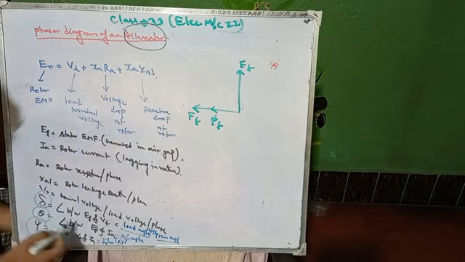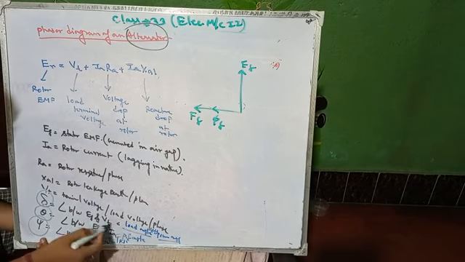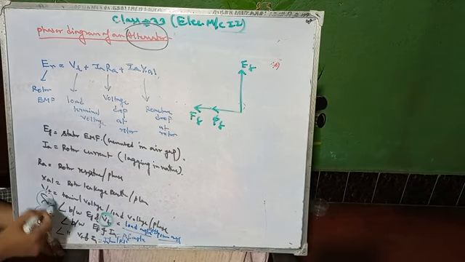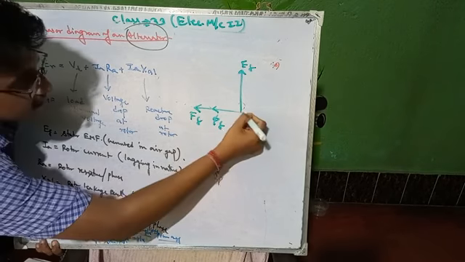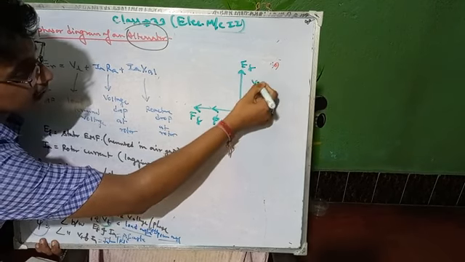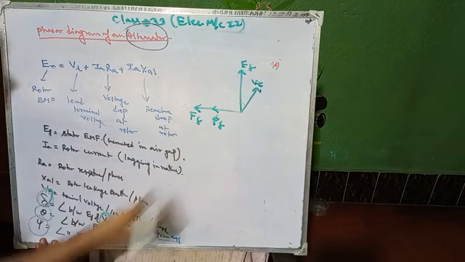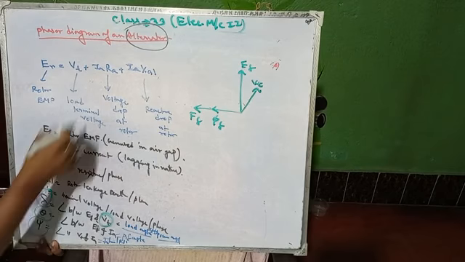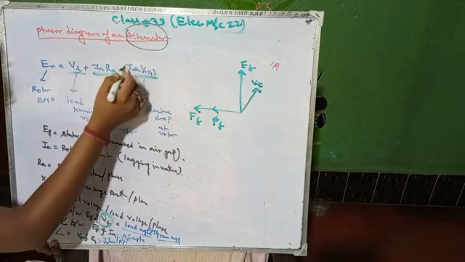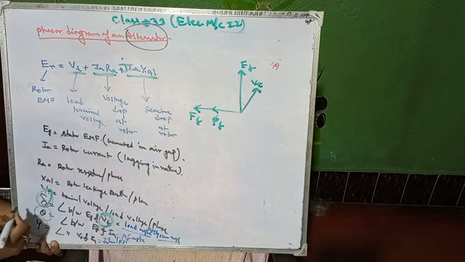From this E_F, Vt will lag by some angle delta, that is the load angle. So Vt will lag, and to Vt we add Ia Ra, then j Ia XL.